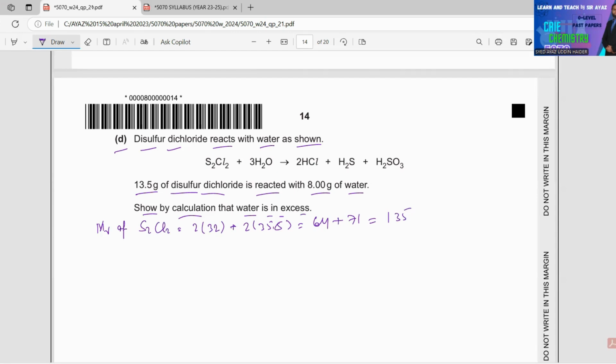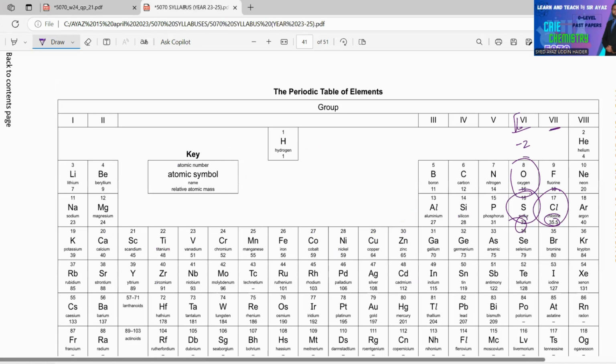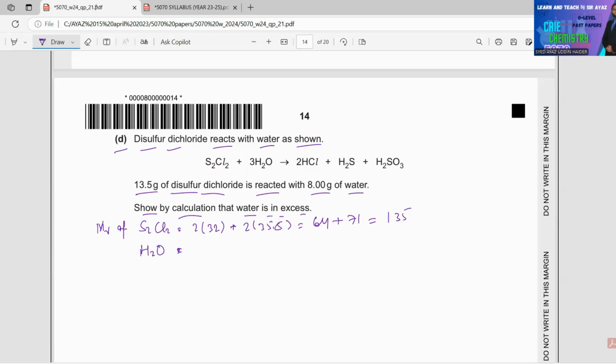What about H2O? It's very easy. Oxygen, group 6. 16 is the mass number, hydrogen is 1. So, 2 multiplied by 1 plus 16, we will get 18.